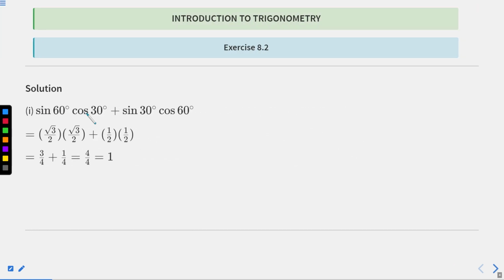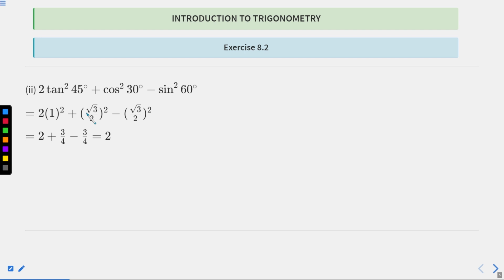Here we know that the value of tan 45 degree is equal to 1, cos 30 degree is root 3 by 2, and sine 60 degree is root 3 by 2.